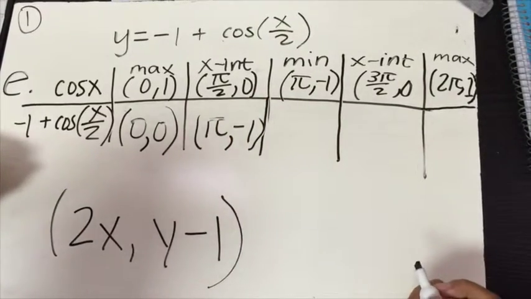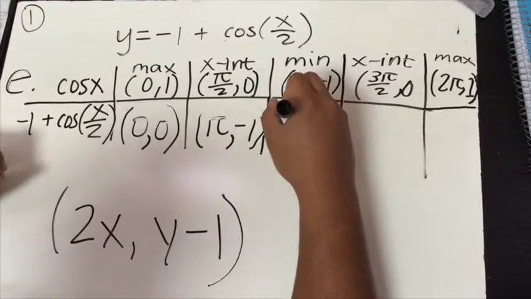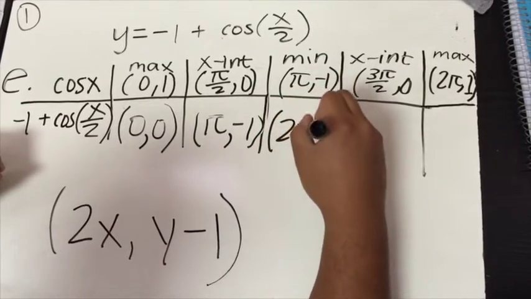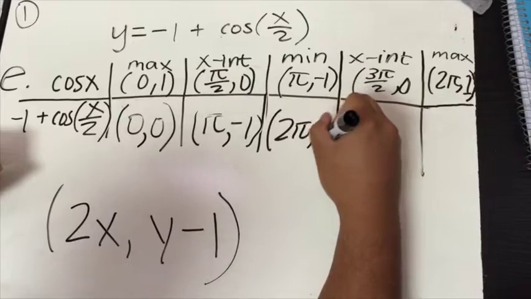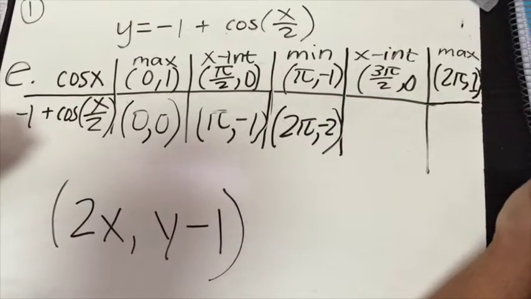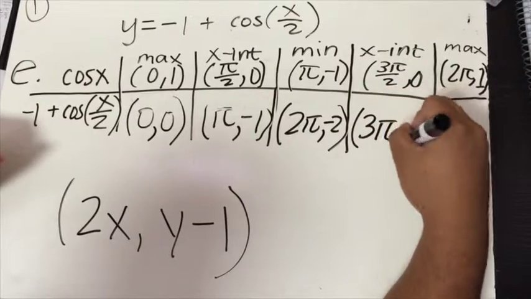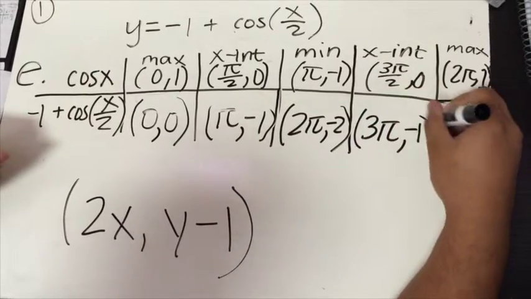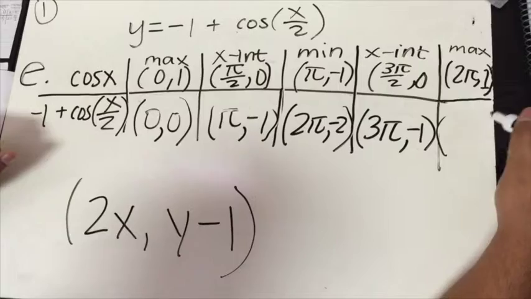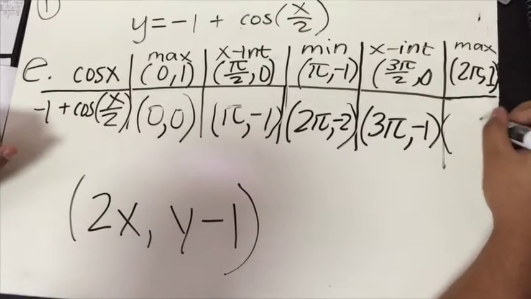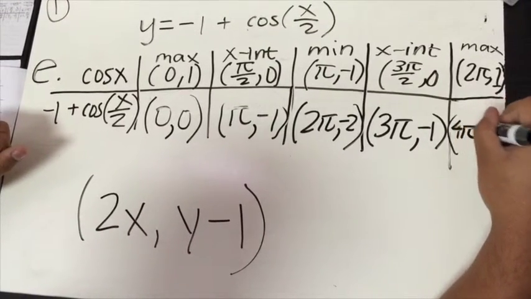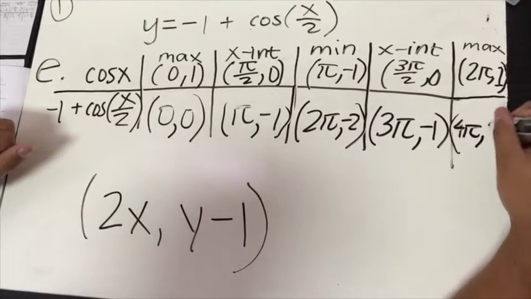Alright, pi times 2 is 2 pi, -1 minus 1 is -2, 3 pi over 2 times 2 is just 3 pi, and 0 minus 1 is -1, and last but not least, 2 pi times 2 is 4 pi, and 1 minus 1 is 0.